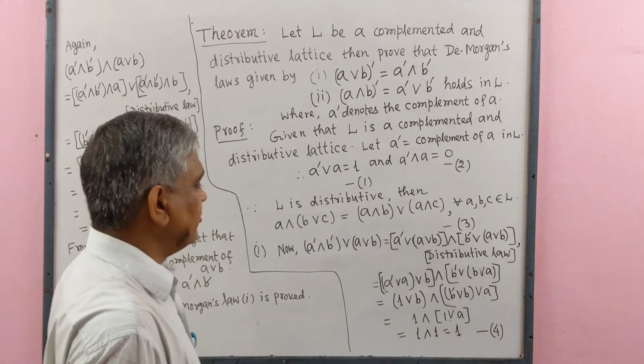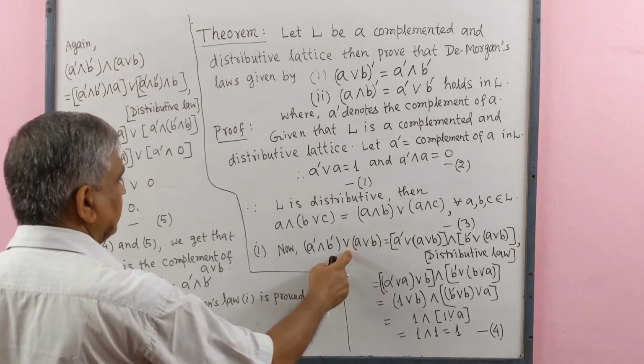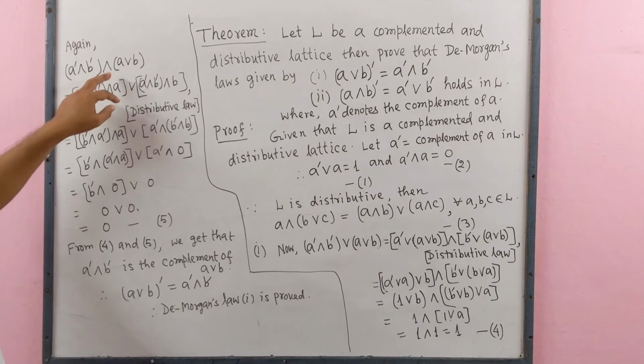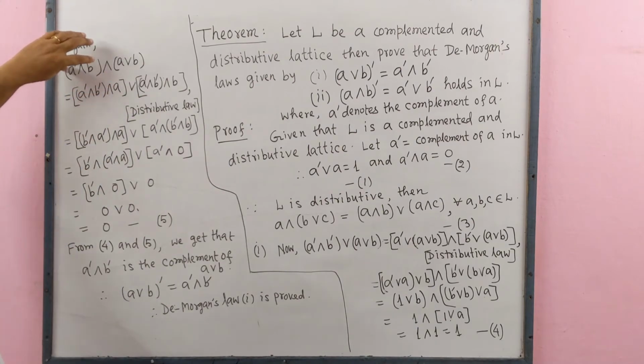This is number 4. Now we take meet and we see the result. Now we take this bracket A prime meet B prime as 1 unit and we use the distributive law.